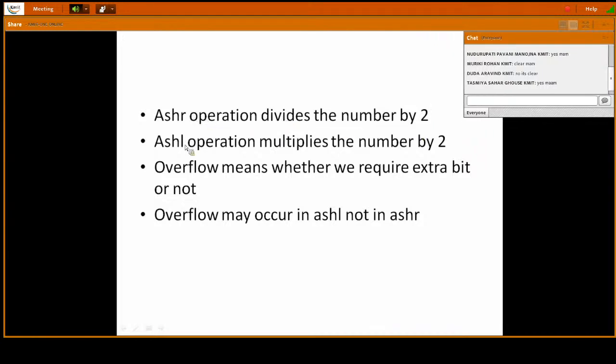If it is a left shift, it multiplies the number by 2. In case of left shift, a sign difference will occur. If the sign difference has come, it represents an overflow. But that sign difference won't come in arithmetic shift right operation. These are the 3 points to be remembered in arithmetic shift micro operation.